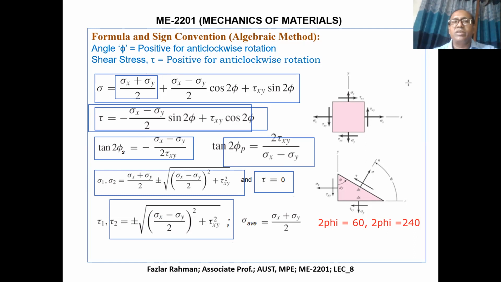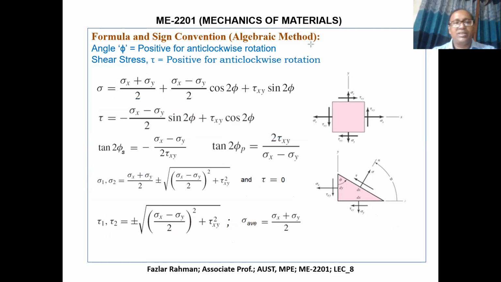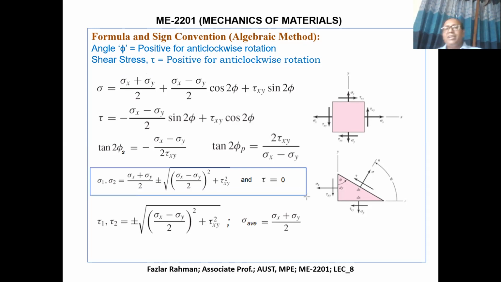Now, my question: which one will you use? You see, if you use this one directly, you know sigma 1, sigma 2. And theoretically tau equals 0, right? But you are not able to tell me the angle. What is the angle 2 phi p? Is it 10 degrees or 40 degrees?